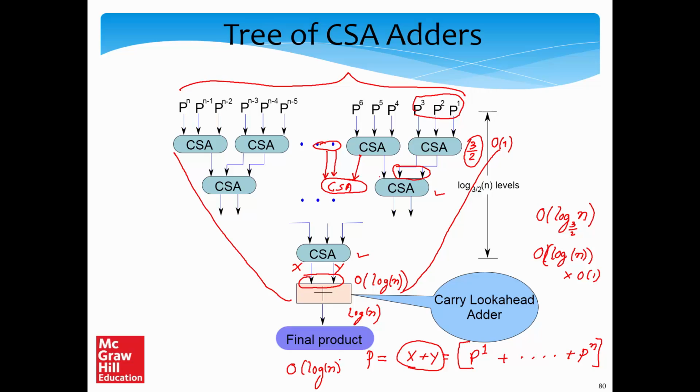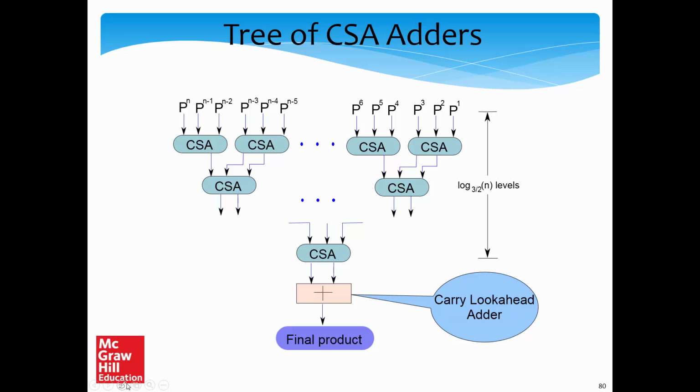So this is the fastest possible multiplier, and this is very, very commonly and frequently used in commercial circuits. As you can see, this is very fast, and the reason it is fast is basically because of this carry save adder. Had we not had the carry save adder, it would have been difficult.